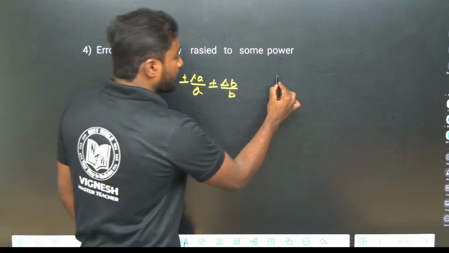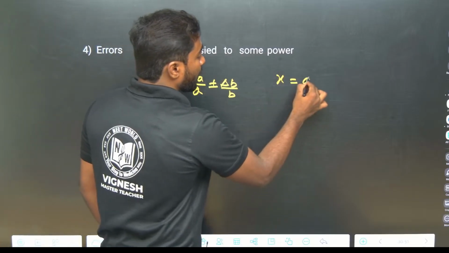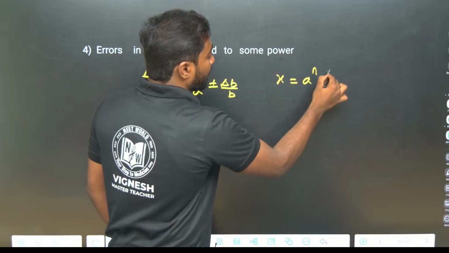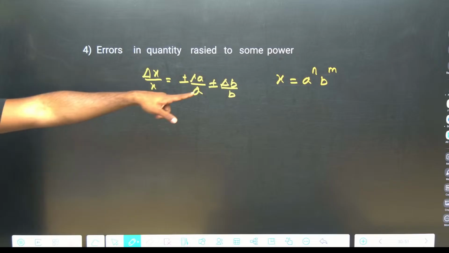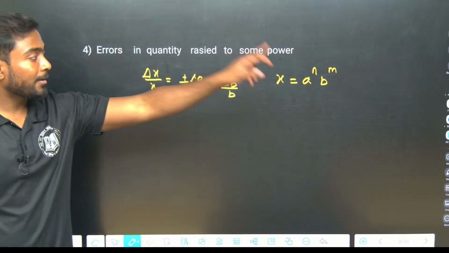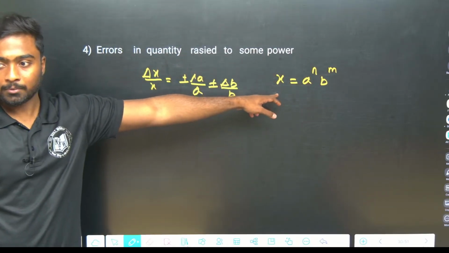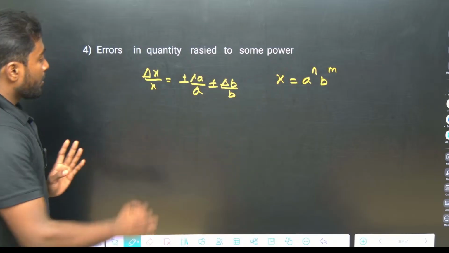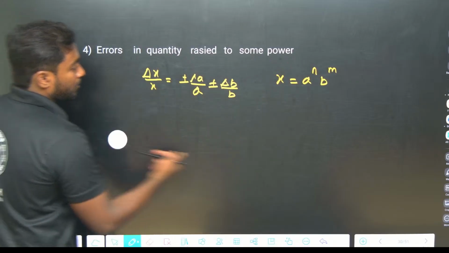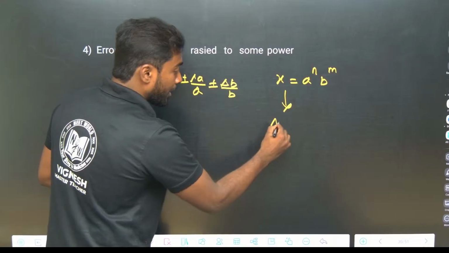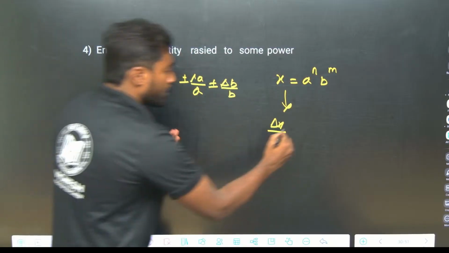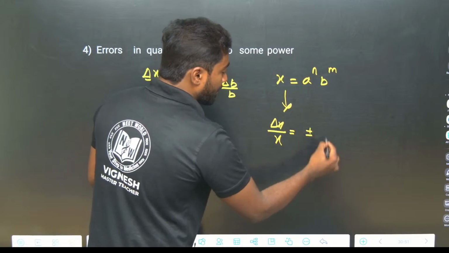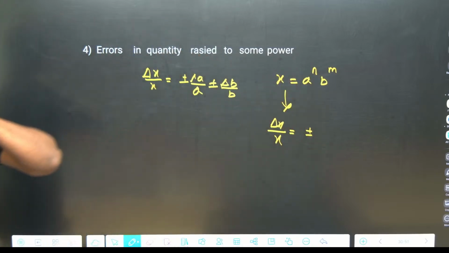Now think that they are given x is equal to a power n, b power m. Now find the error delta x. What I can do for this? Delta x by x, I will write as it is, whatever formula is there, is equal to plus or minus, what is the power there? n.